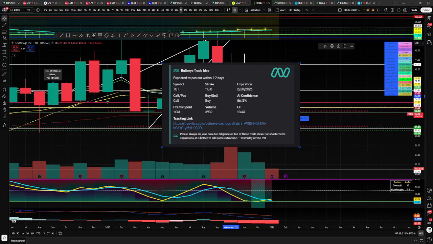Capture. That button doesn't seem to work. Alright, never mind, I'll just do it this way.